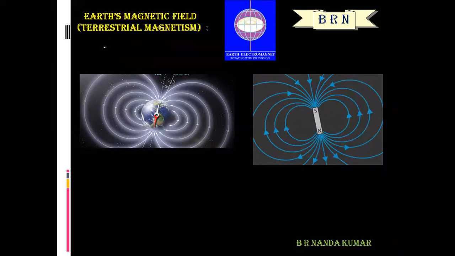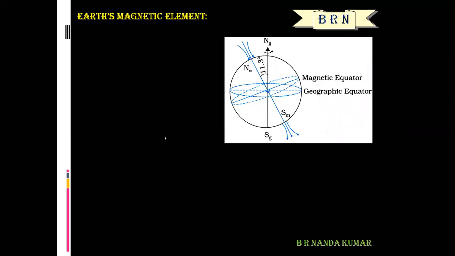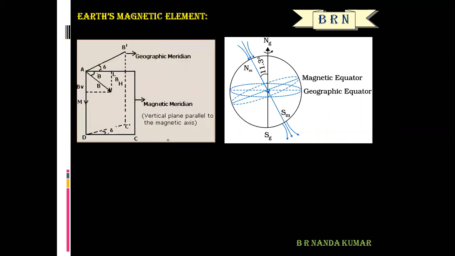Okay, now let us discuss Earth's magnetic elements. So what are the Earth's magnetic elements? It is very important. The Earth's magnetic field at a given place can be understood in terms of experimentally measurable quantities.